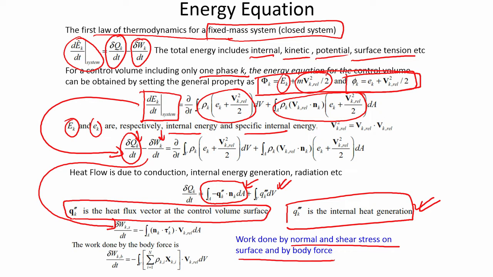We already saw in the momentum equation that there was shear stress, body force, and normal stress. So, this is the work done by all those forces. Naturally, the work done by the total stress is given by this. Similarly, the work done by the body force is given by this. So, these are the two work related terms, by the body force and by the normal and shear stress on the control volume.